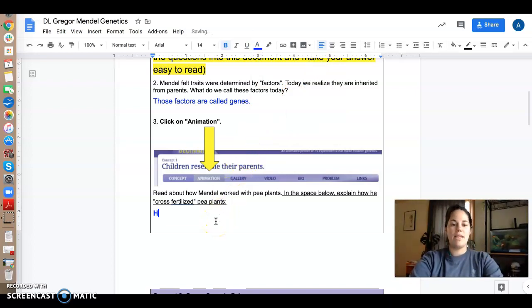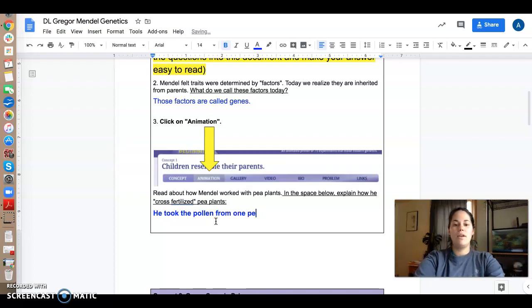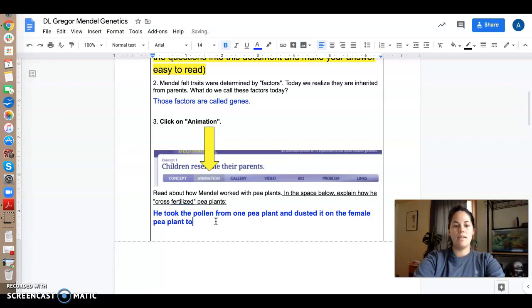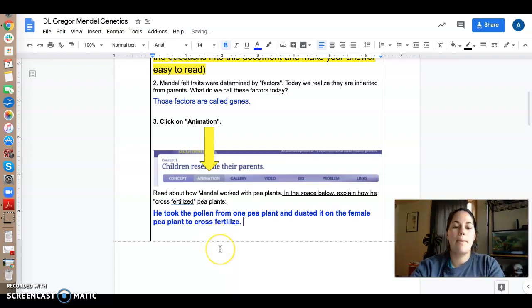So we would write, he took the pollen from one pea plant and dusted it on the female pea plant to cross-fertilize or breed these two plants, something like that.